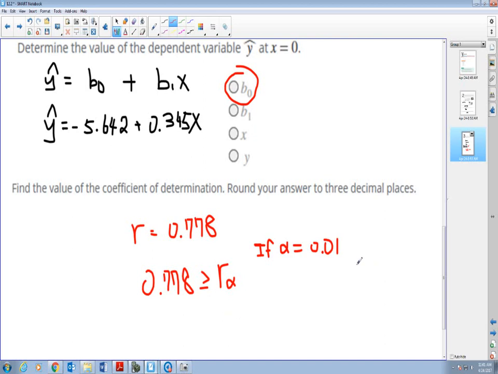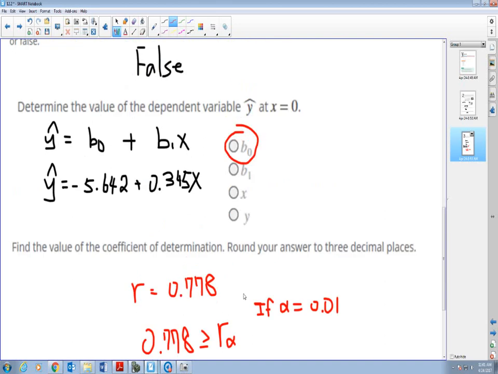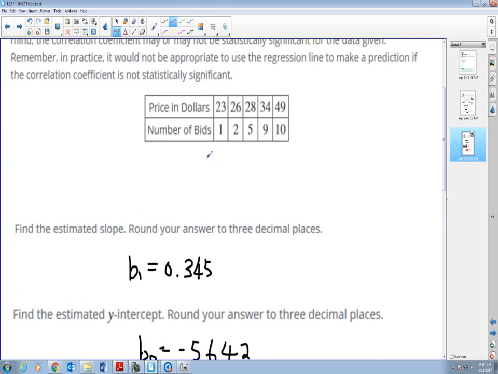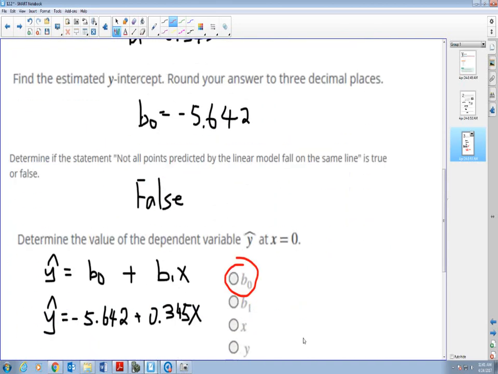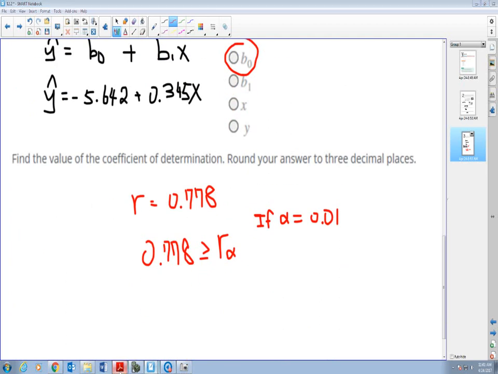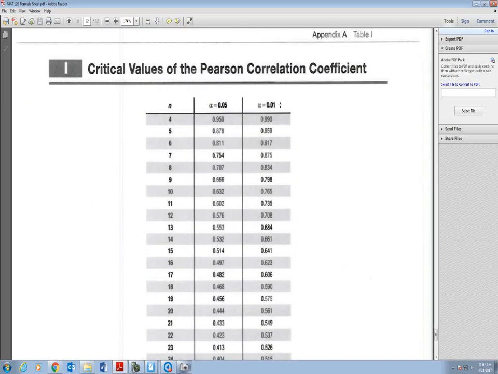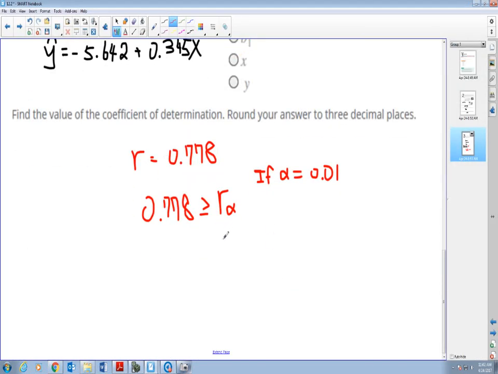If I set alpha to be 0.01 and I have a sample size of 5 students, I look up in the table: 0.01, 5 students, 0.959.